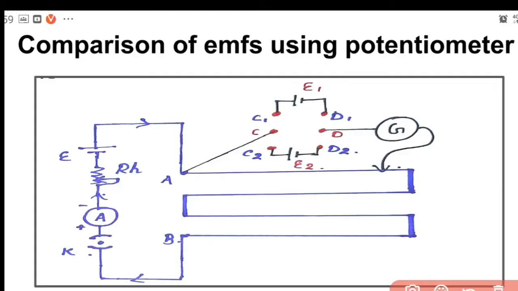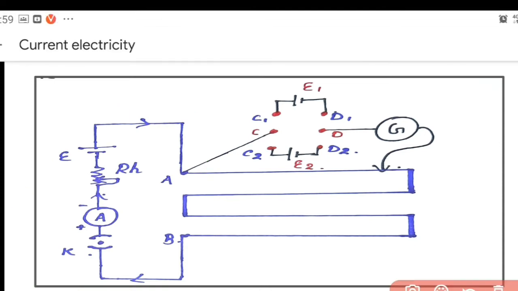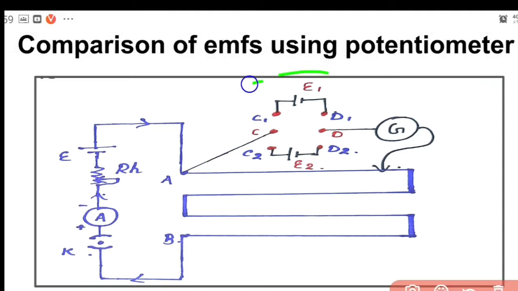Now the next application, comparison of EMFs using a potentiometer. As we discussed earlier, the driver circuit remains the same. Now the secondary circuit means this circuit. This circuit includes the cells whose EMFs we have to compare.